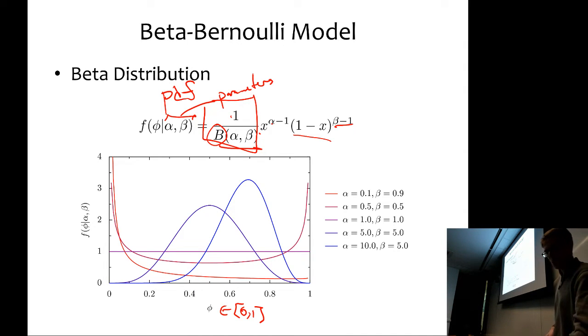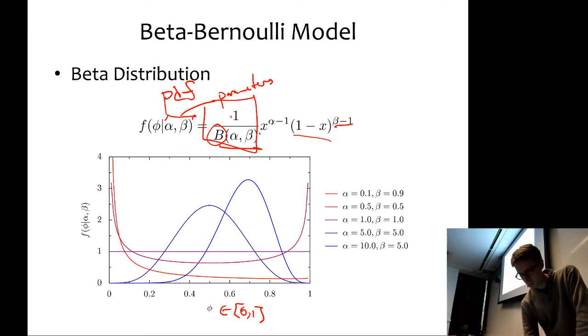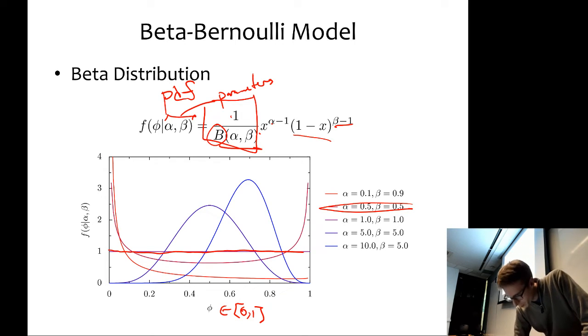And so we can actually plot this density function for different values of alpha and beta. Okay, so if both alpha and beta are 1.0, then you get a completely uninteresting uniform distribution.